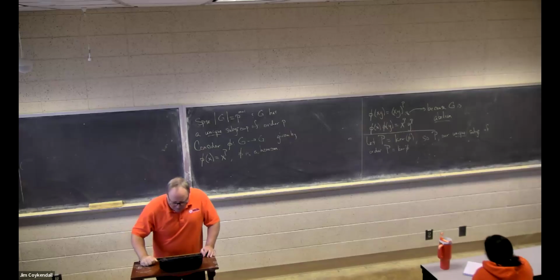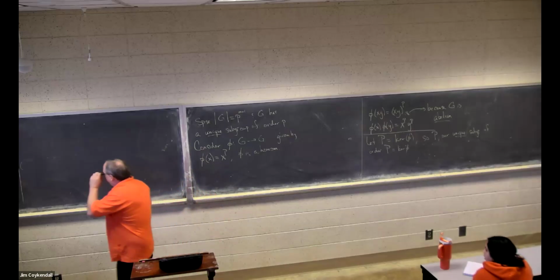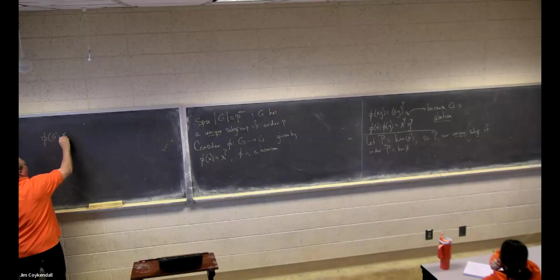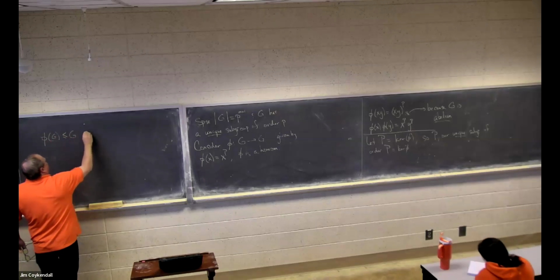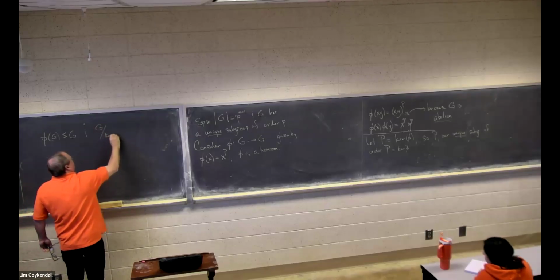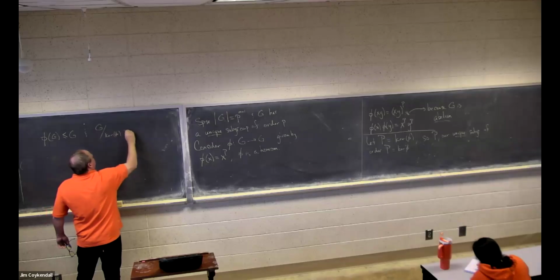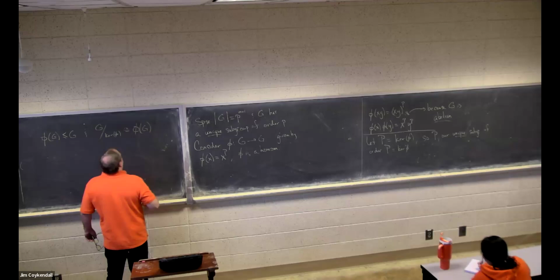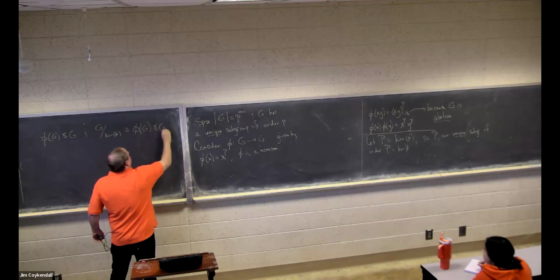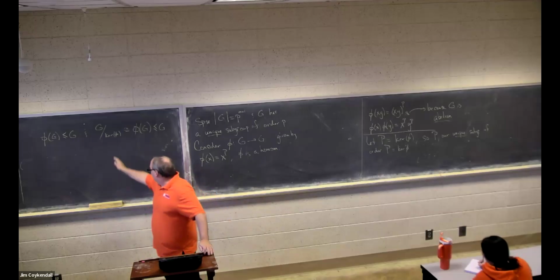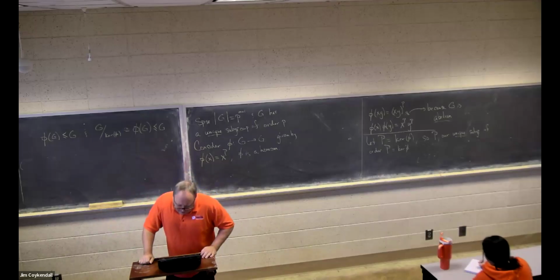Notice also that phi of G is a subgroup of G, and G mod the kernel of phi is isomorphic to phi of G. This, of course, is the first isomorphism theorem.